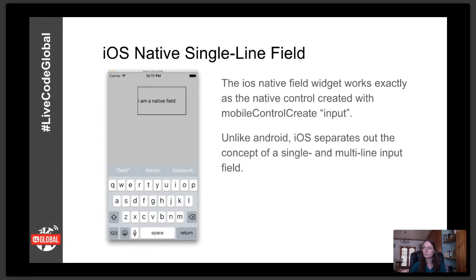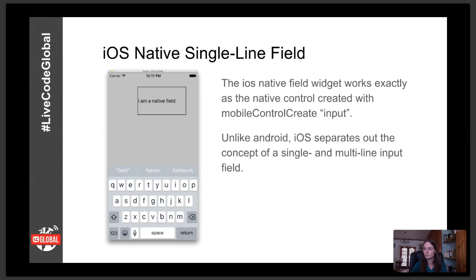So the iOS native single line field is pretty much exactly the same as the native control created with mobile control create. Unlike on Android, iOS separates these out. So you have one object type, which is a single line field, and one which is a multi-line field.